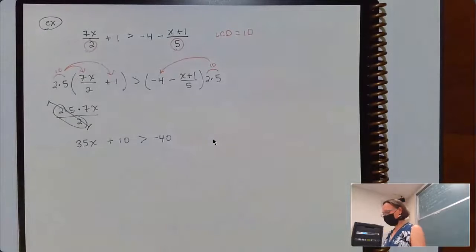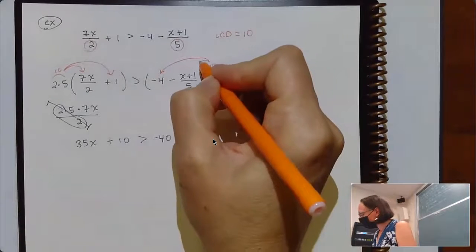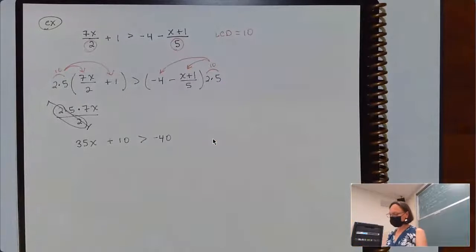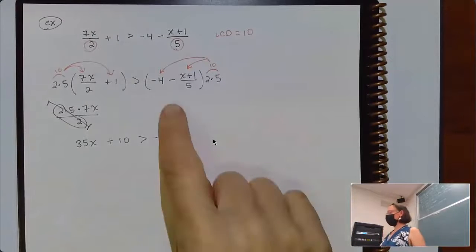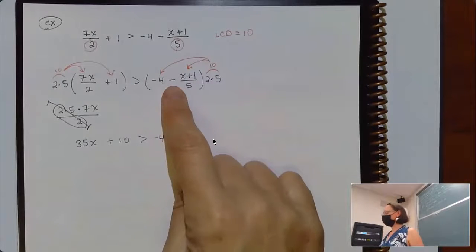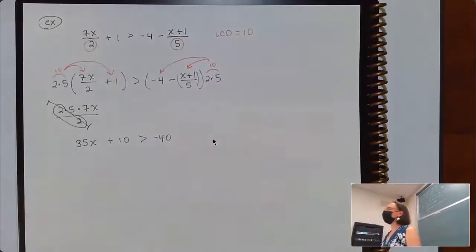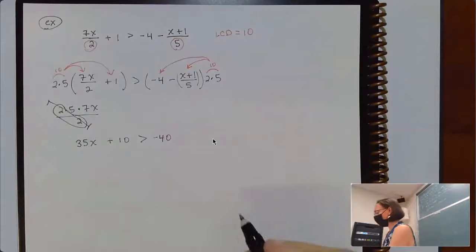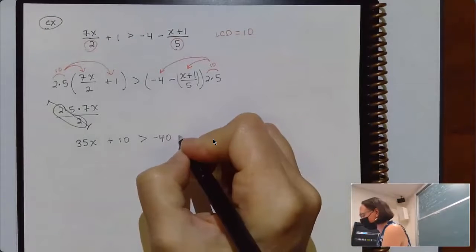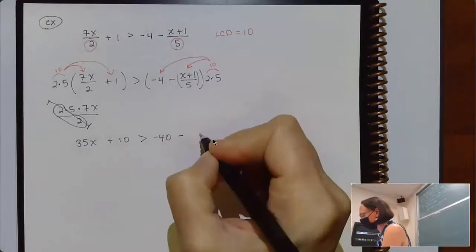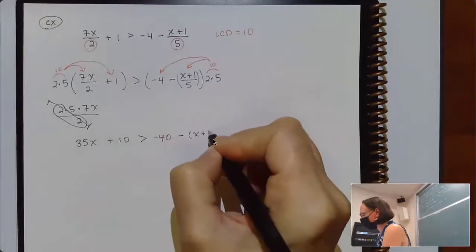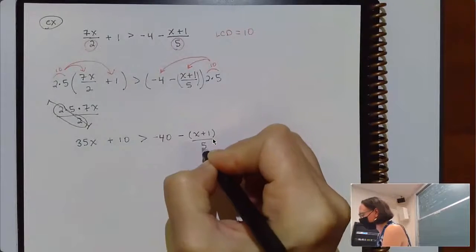And then this next one, I'm going to be super careful about. When I distribute in here, the issue is that subtraction is subtracting this entire piece. So I'm going to do this in 2 steps. I'm going to think about this as subtracting the x plus 1 over 5.